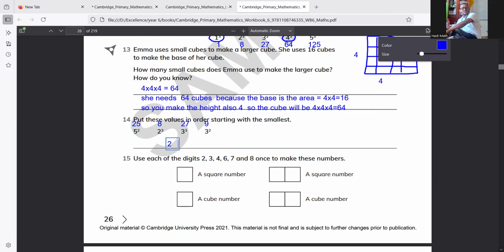Then you have 3 square, then you have 5 square, then you have 3 cube. Like this, you could order them.